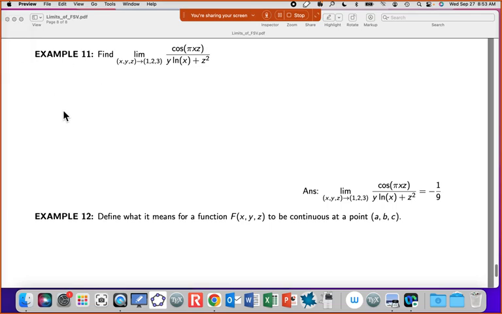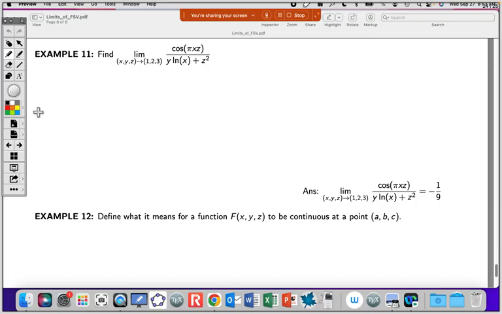Because the limit of a function of 3 variables is built on the same epsilonic architecture as the other limits we've talked about, all of the limit properties come over. So if we're trying to figure out the limit as x, y, z goes to 1, 2, 3 of the cosine of pi xz, we can mentally plug things in to see if we get a number.